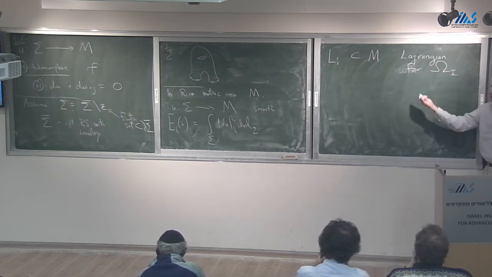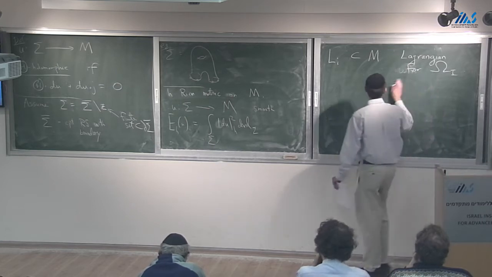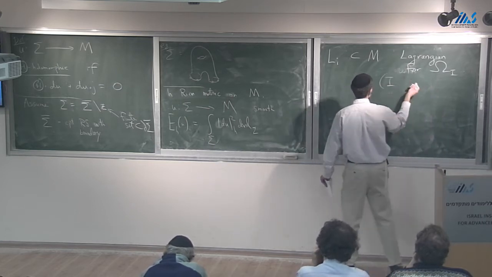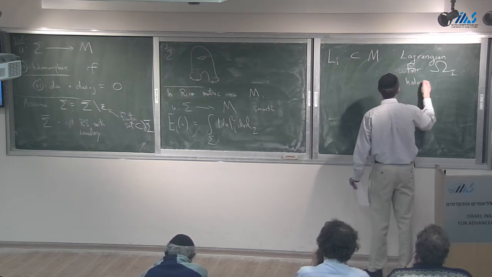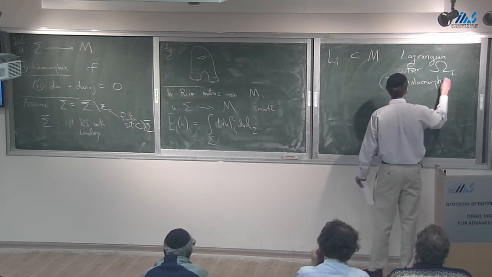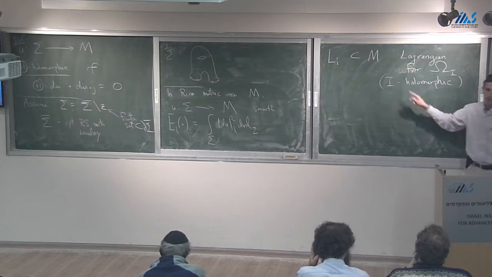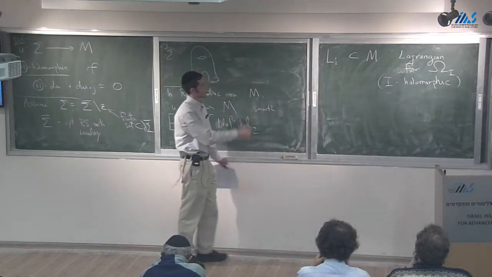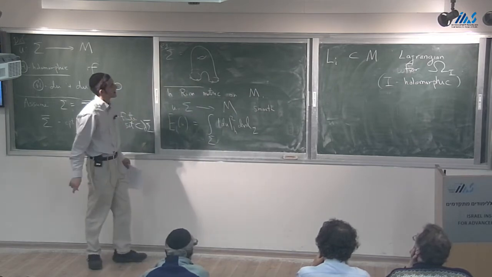Okay, in particular, they're going to be I-holomorphic submanifolds, so they're preserved by this complex structure I. This follows, I think, from the Lagrangian condition. If not, I'll assume it.